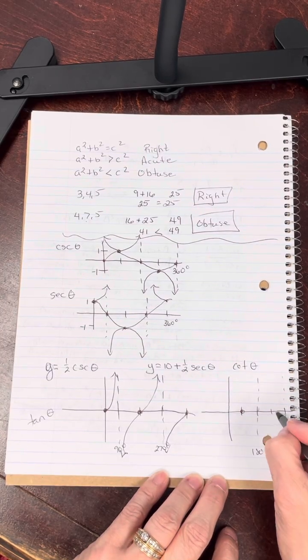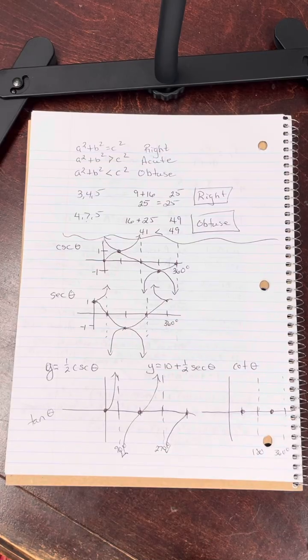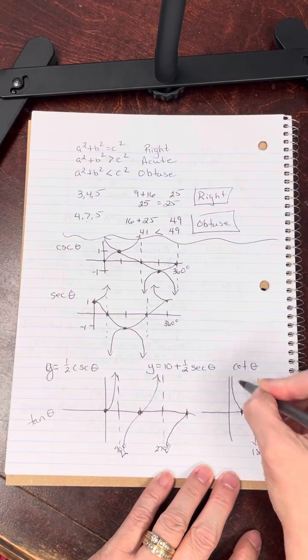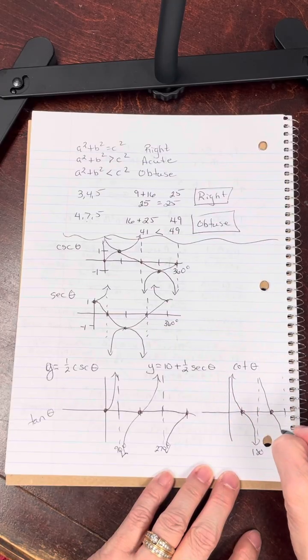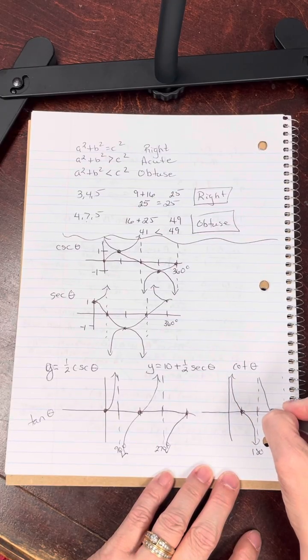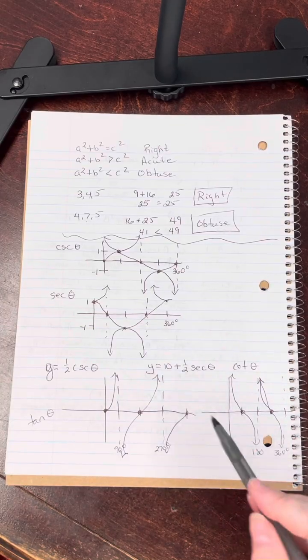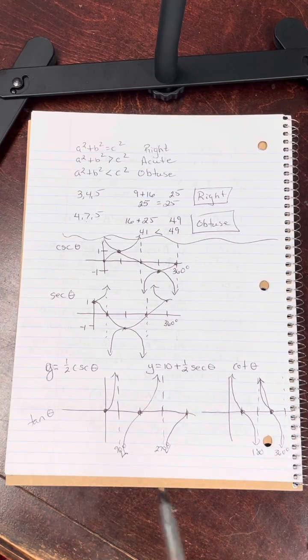Again, starting at those center places, but instead of climbing, cotangent falls. So it actually should be more curved. That's a little bit better. Okay, so you get the idea that it's curving, but it's falling, and tangent is actually climbing.